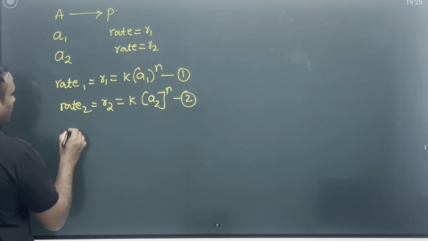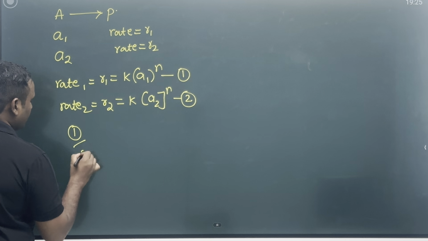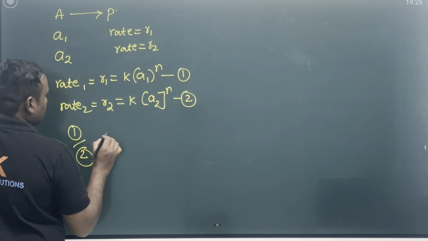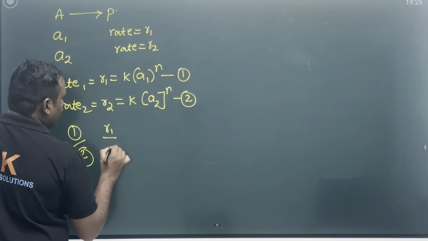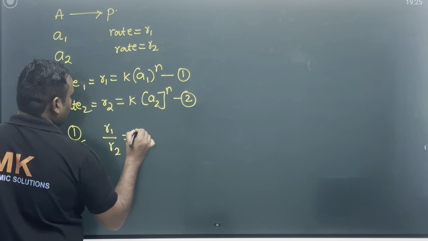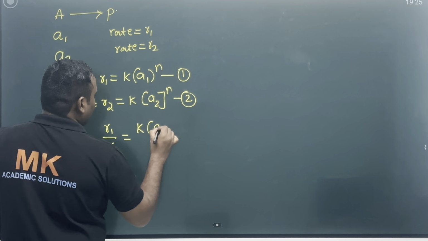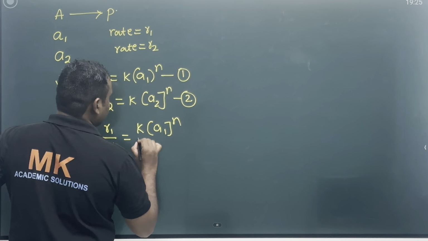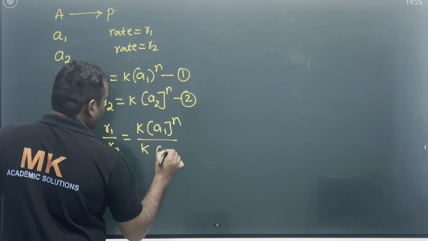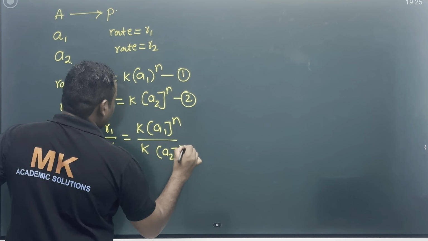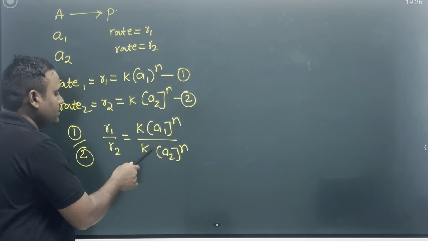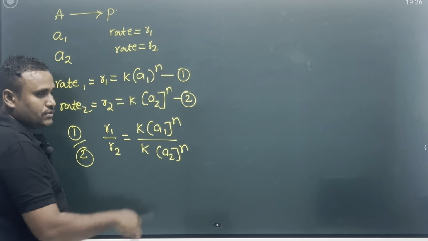Okay, so now let us do 1 by 2. Therefore, R1 by R2 is equal to K into A1 power n by K into A2 power n. So for a reaction, K is constant, order is also constant.